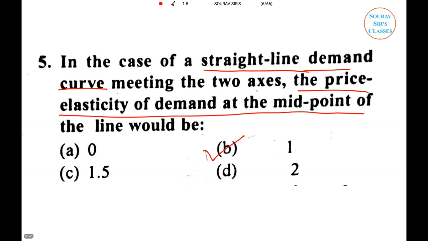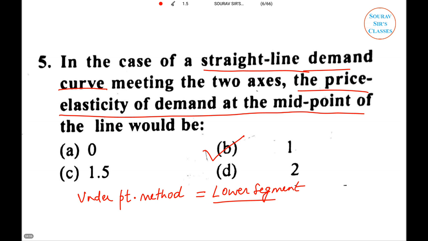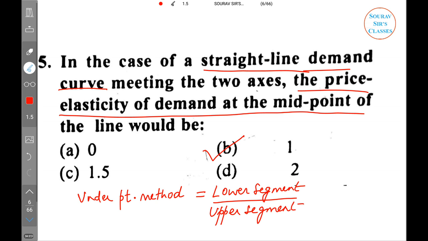Because under the point method, the formula used is lower segment by upper segment. Okay, lower segment by upper segment, and at the midpoint of the line on a demand curve, elasticity hence will be equal to 1. So the answer is B.